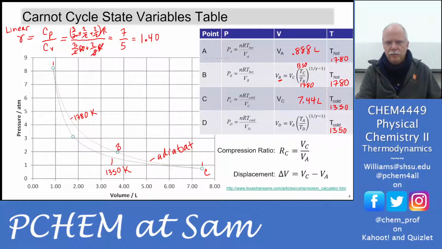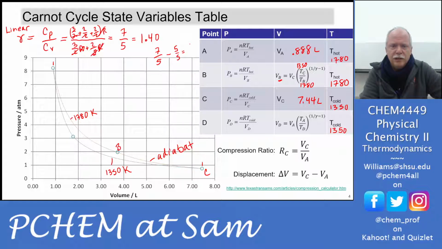Sometimes I leave it in terms of the 7/5 because 7/5 minus 1 is 7/5 minus 5/5, which is equal to 2/5, right? And then 1 over that is 5/2. So 1 over gamma minus 1 is 5 over 2, and this is raised to the 5/2 power.